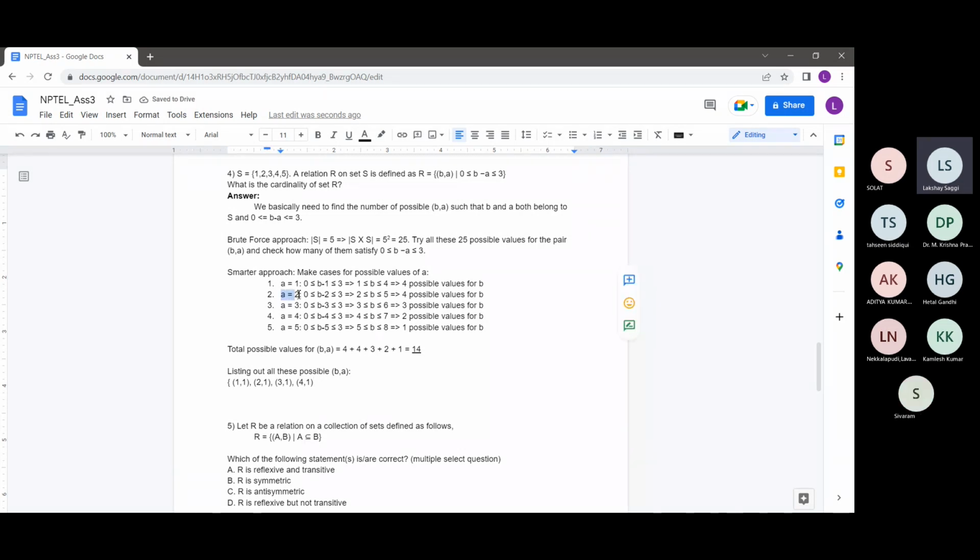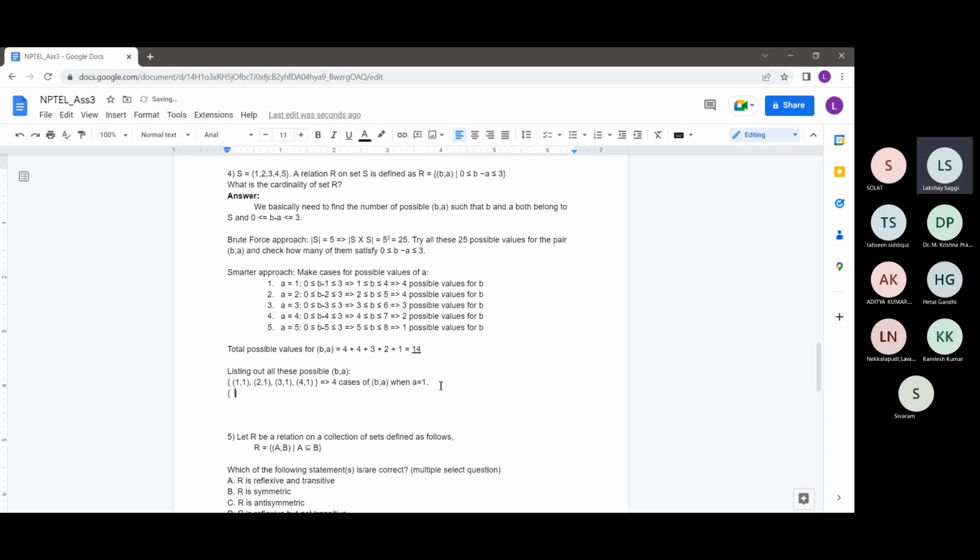Now we'll arrive at the case A is 2. Maybe let me just copy this, guys. Okay, never mind, I'll just write it down. So these are the 4 possible cases of B comma A when A is 1. Now I'll type out again for when A is 2.